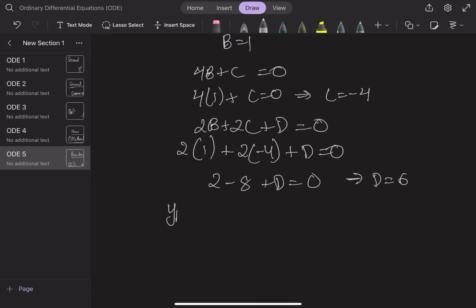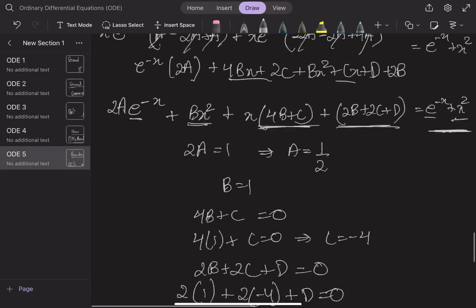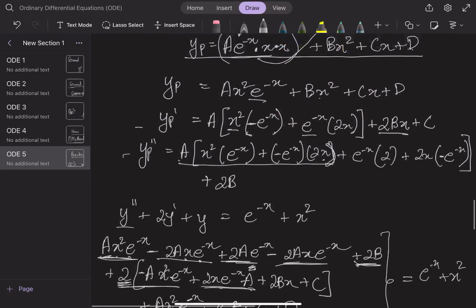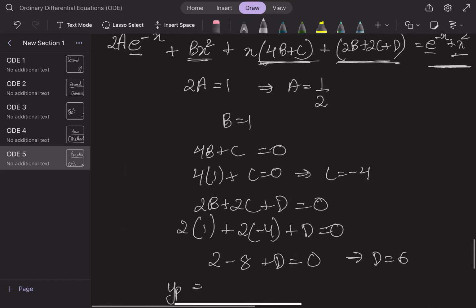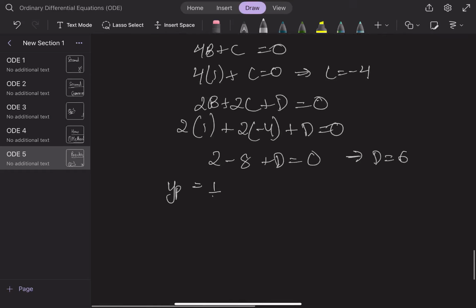So your yp becomes, you're gonna plug a, b, c, d into this. So yp becomes 1 by 2 x square e raised to minus x plus x square minus 4x plus 6.